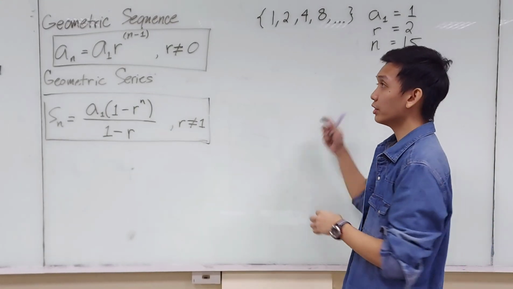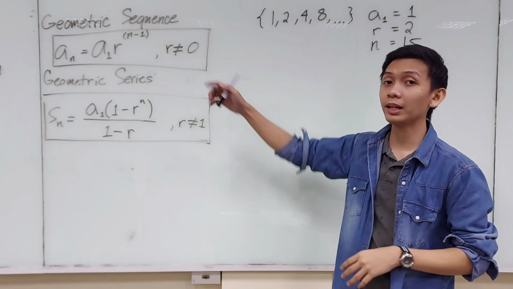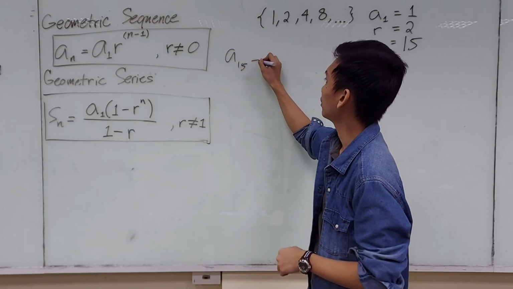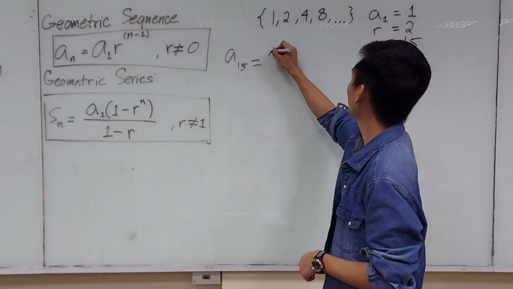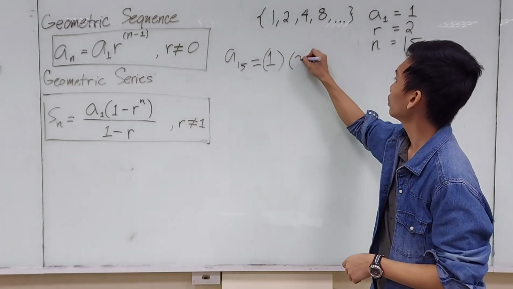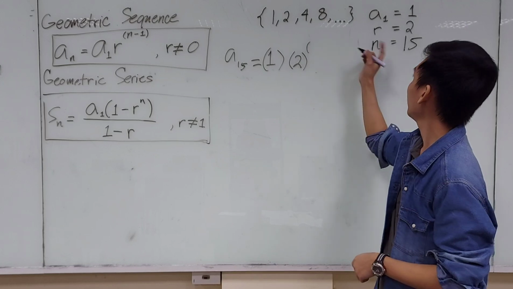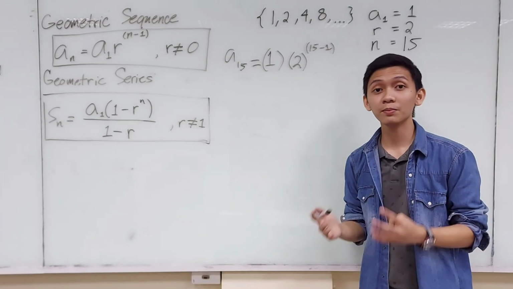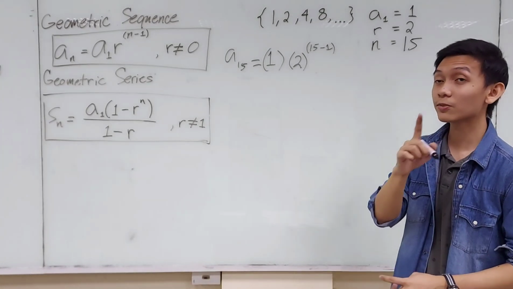Alright, now we substitute all the given information to this formula. We are looking for a sub 15. So the first term is 1 multiplied to the common ratio, which is 2 raised to n minus 1. Now, following the GEMDAS rule, we deal with groupings first.